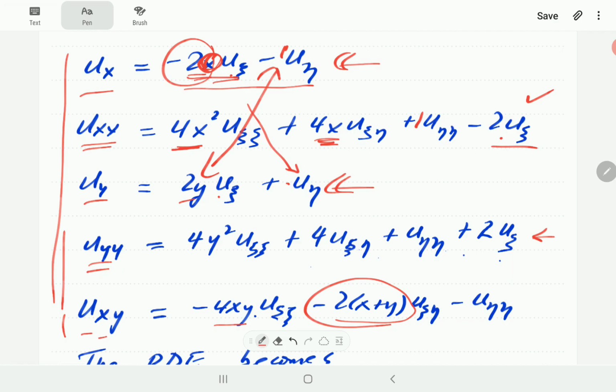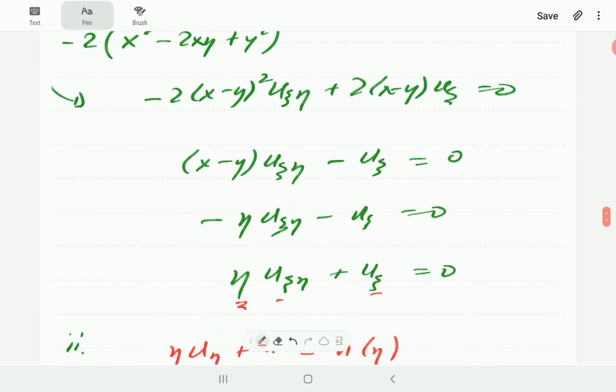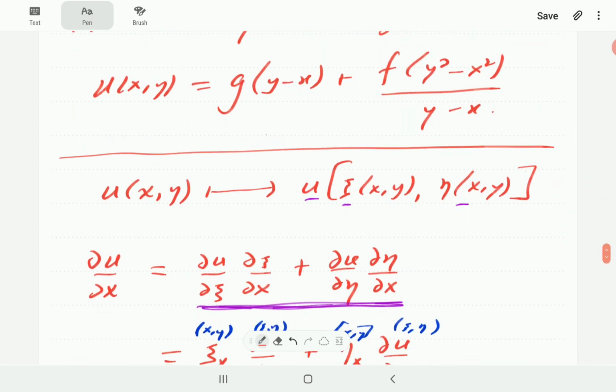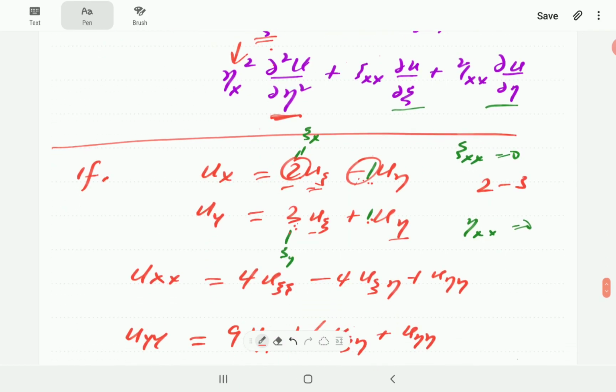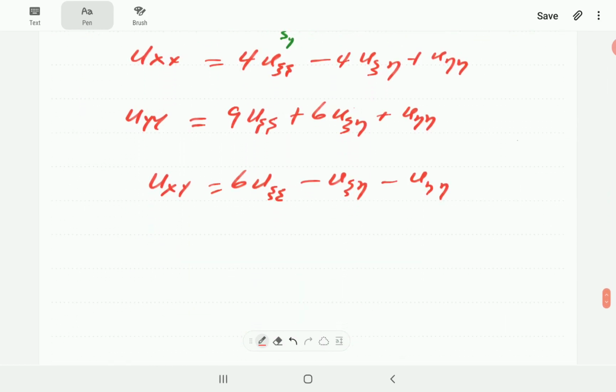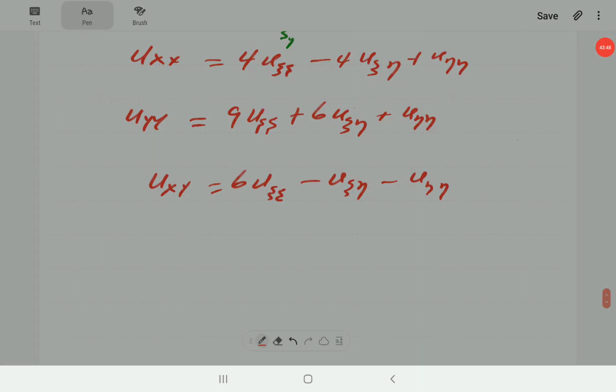And then here it's got -1 times 1, so that's why that one is -1. Okay, so that's how you can work out the second order derivative terms a bit more efficiently.